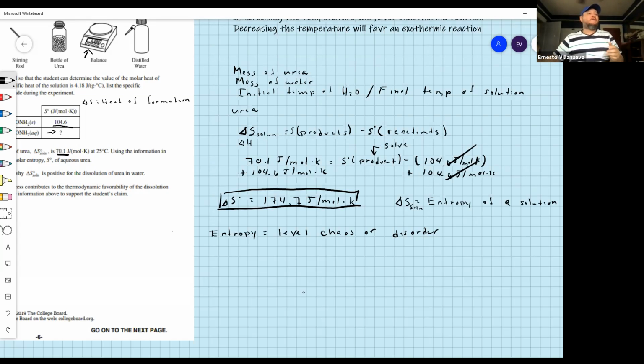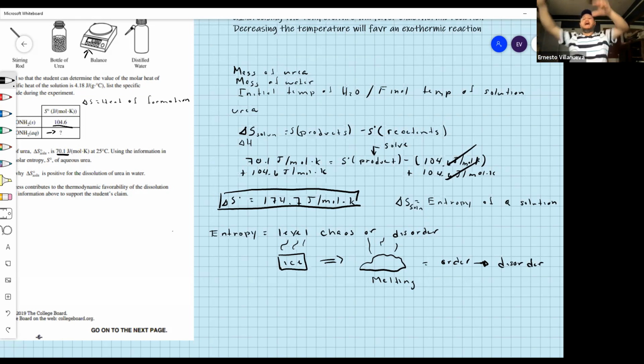So if you have a block of ice, and that block of ice is beginning to melt, then what's happening is the order is moving toward disorder.